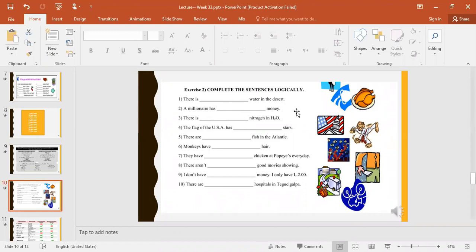Based on your knowledge and based on the things you know, in the desert, is there a lot of water? No. So is water a countable or uncountable noun? Water is uncountable. Very good.